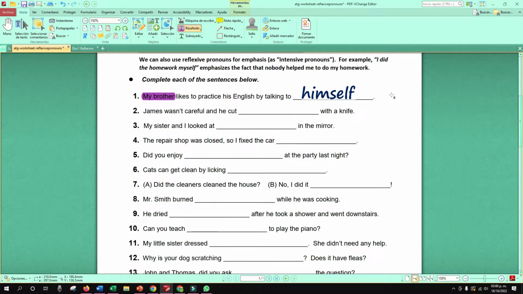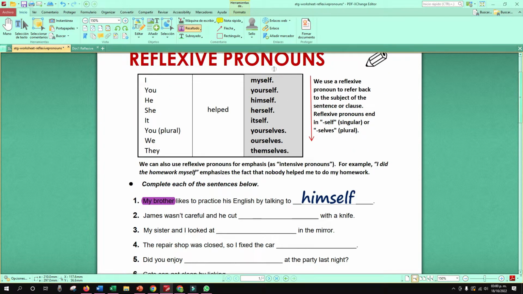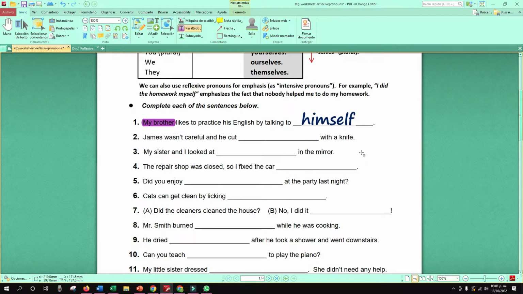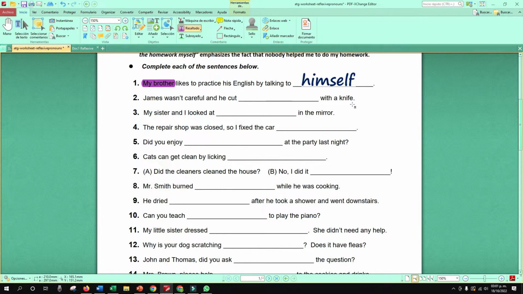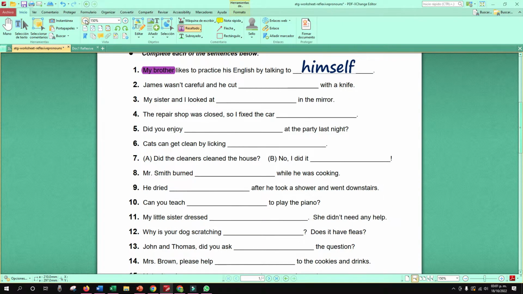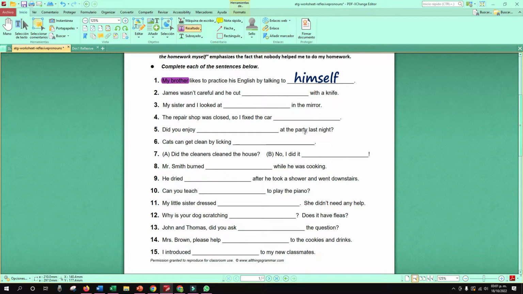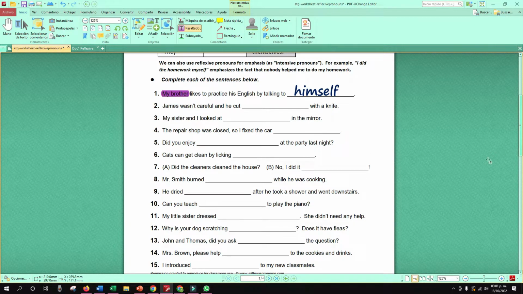Entonces, ¿qué vamos a hacer? You are going to complete these sentences using the reflexive pronouns. There you have them. You can use myself, yourself, himself, themselves, right? Depends on the sentence, right? So you're going to have around 4 minutes.